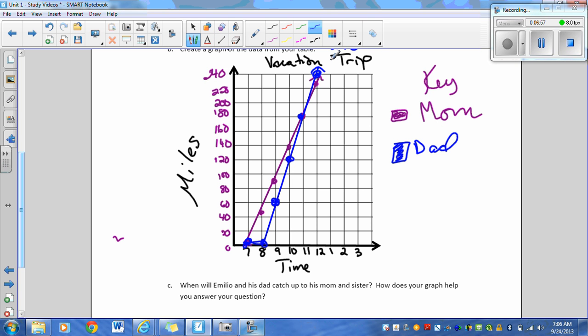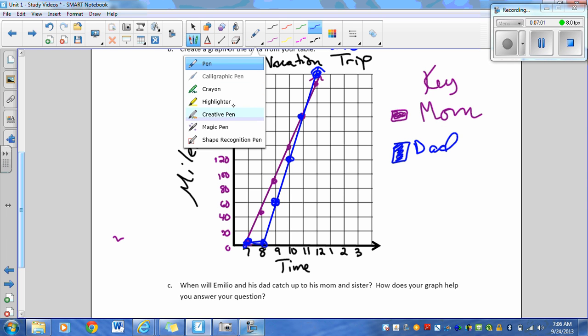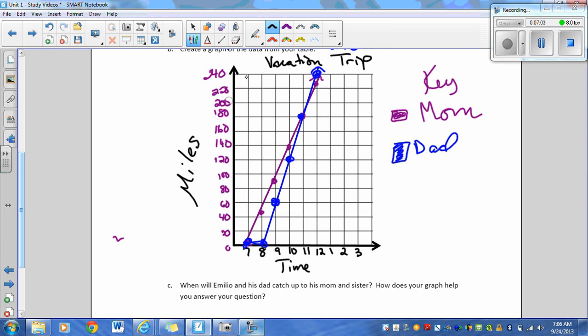Okay, and then so the question is, when will Emilio and his dad catch up to his mom and sister? I don't know why I said dinner. And so this point right there is at 180 miles, and it is at 11 a.m. How do I know that?